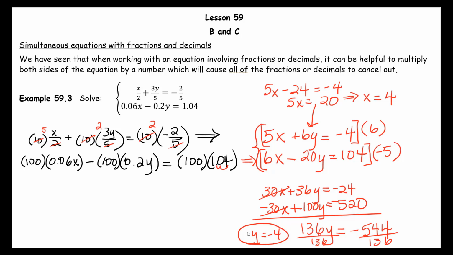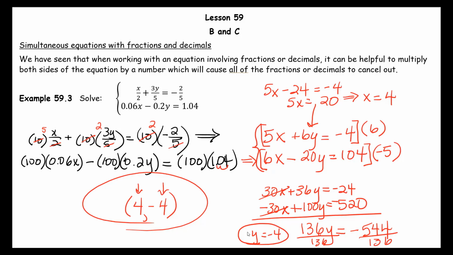So my solution for this system of equations is going to be 4 for x, -4 for y, and this is how you write the solution as a coordinate pair. 4 is your x, -4 is your y, and you have to have parentheses around that and a comma between those two numbers.